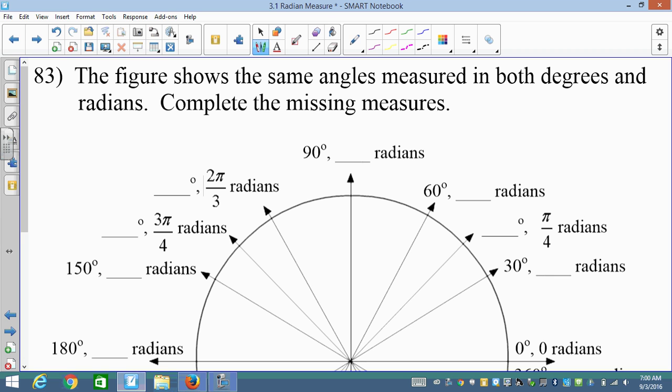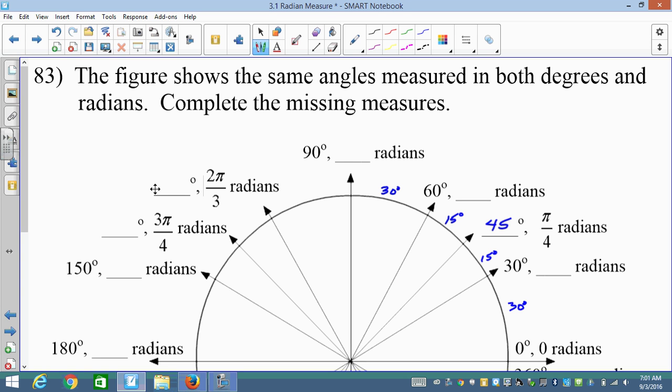So 0, 30, 45 degrees, 60, 90. I'll let you know that the pattern here is 30 degrees, 15 degrees, 15 degrees, 30 degrees. So all of the bigger ones are 30, the little ones are 15. So 30, 15, 15, 30. It goes around, it continues.